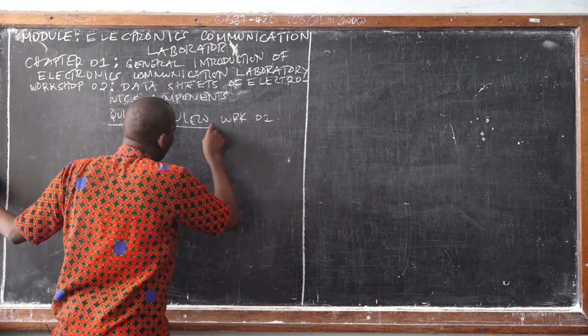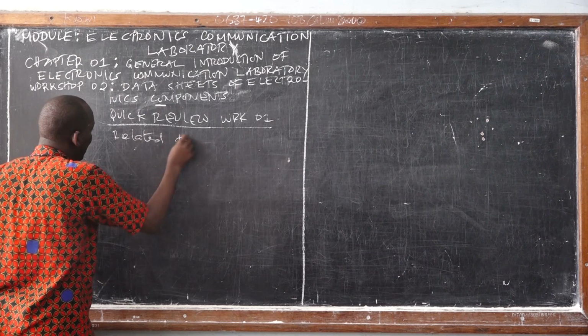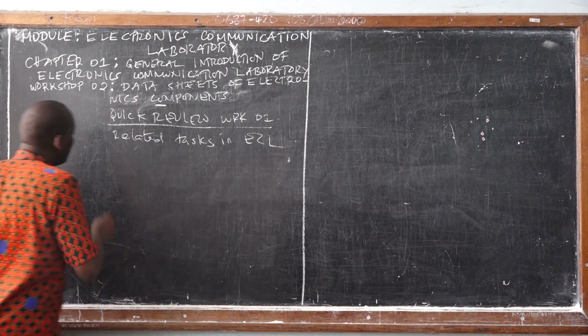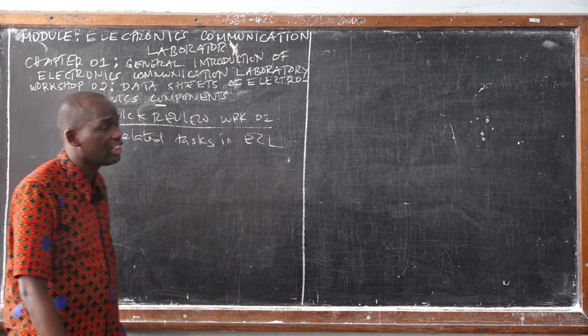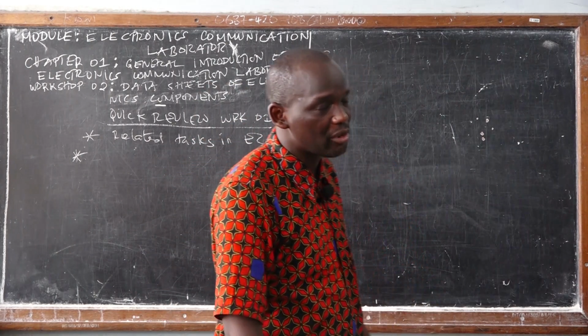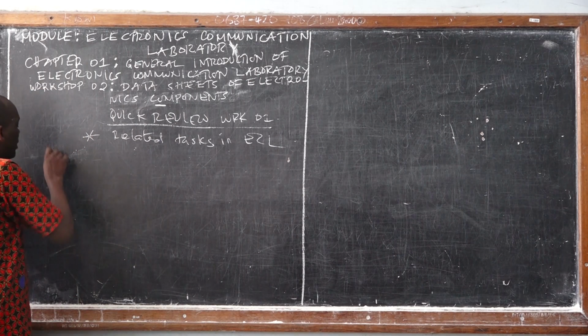Workshop 1 was titled related tasks in Electronics Communication Laboratory. We learned that every sub-enabling outcome has its related tasks according to the DIT curriculum, right? How many sub-enabling outcomes do you have for this module? 5 sub-enabling outcomes.